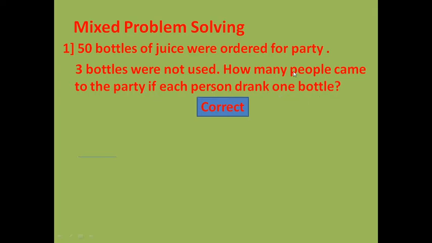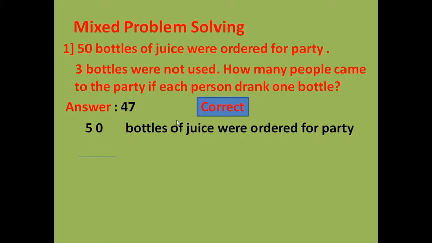This is how I read the question. First I read the question. In the book, the answer is written for you: the answer is 47. So I will decide if it is correct or wrong. We solve the question and then say whether the answer is correct or wrong.